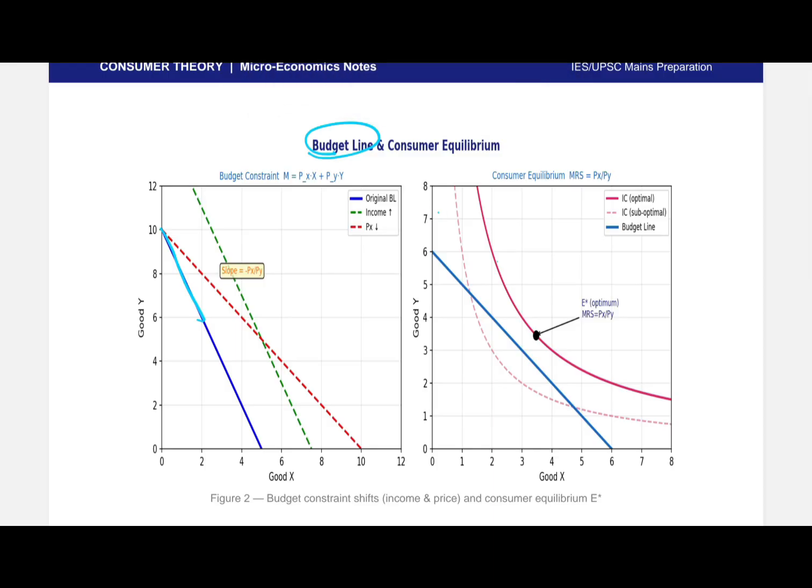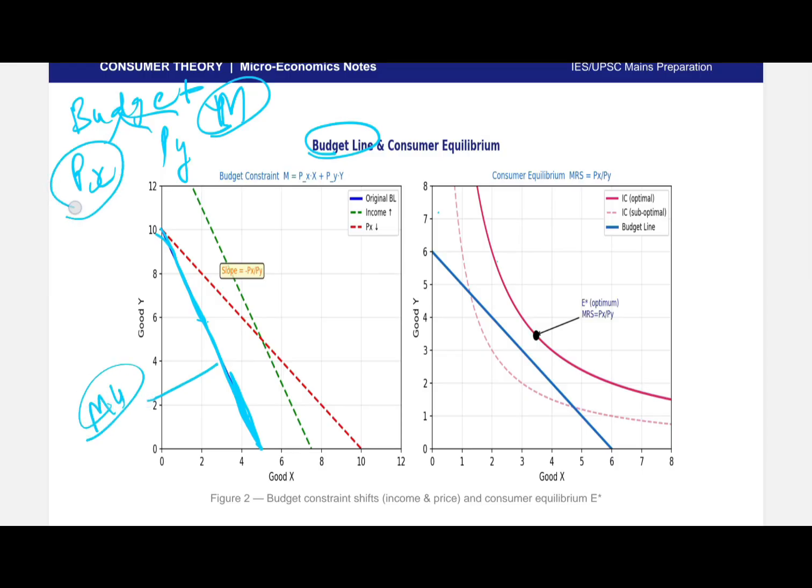The budget line depends on the price of x, the price of y, and our income, that is money. This is our original budget line, which is given by M.